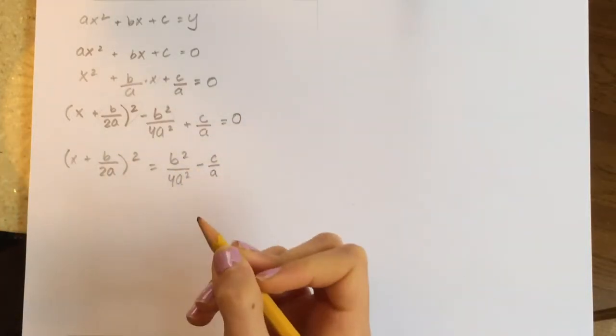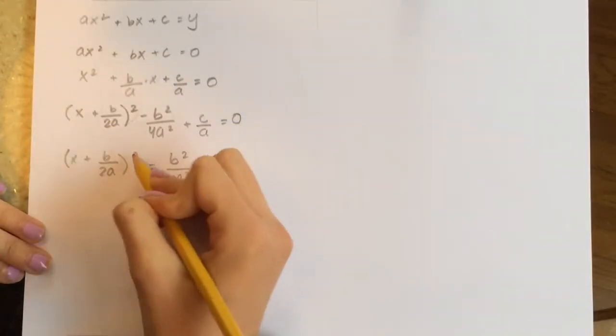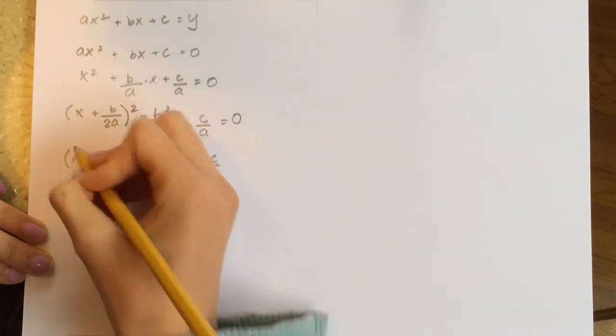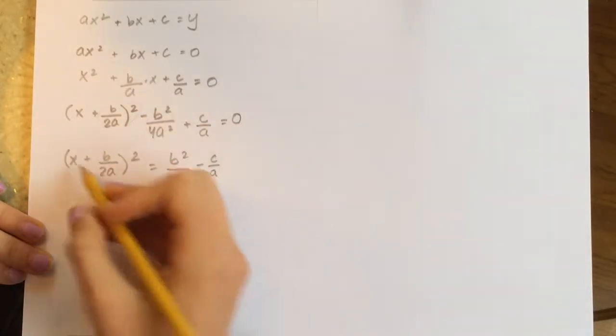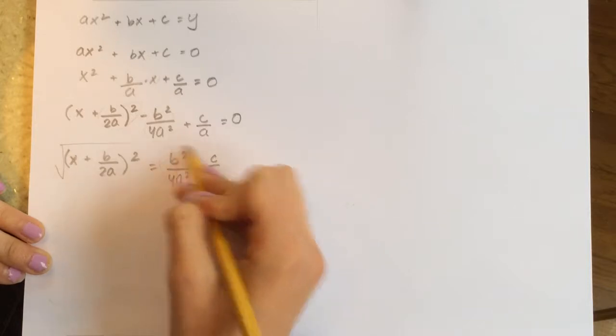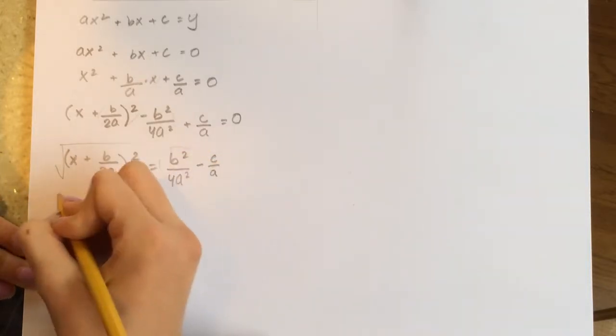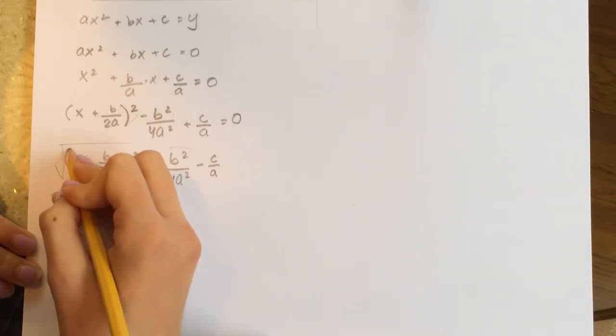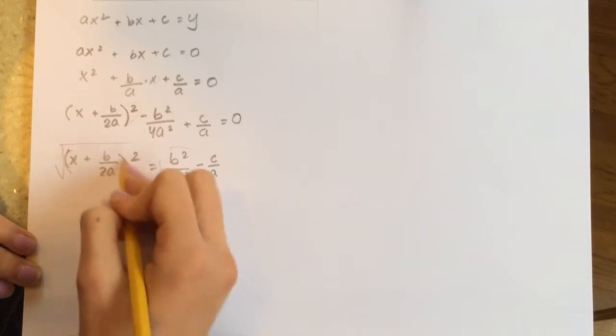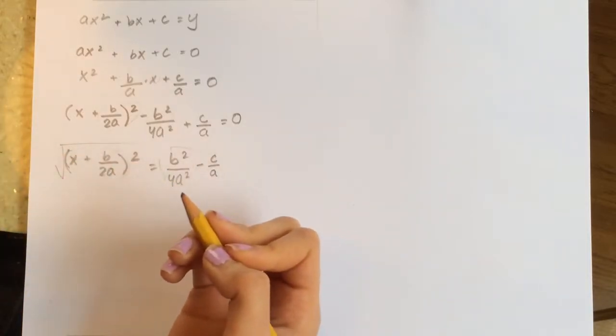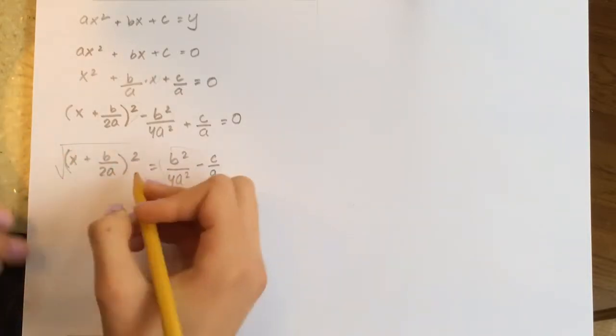Okay. So now the next problem is this square right here. So the only way to get rid of that is by square rooting both sides. But as we square root this side, we know that this whole entity could be either a positive or negative number.